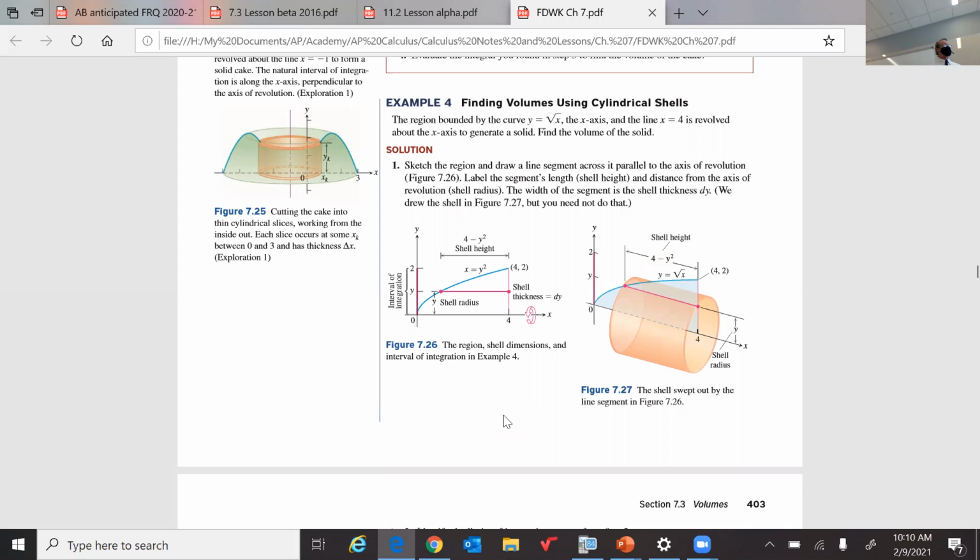Does that make sense? So when we do this, we're going to be doing this problem dy, which is different than the problem on the PowerPoint, because this can is sitting on its side, and the can on the PowerPoint was standing up. You need to take a moment and get your mind around this.